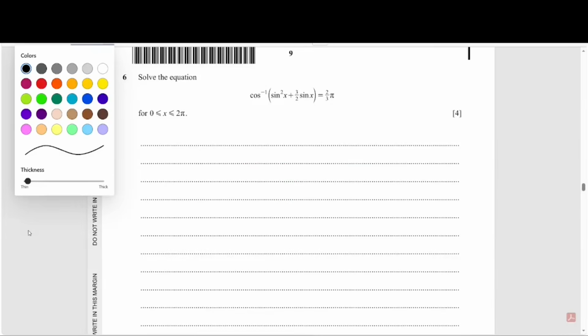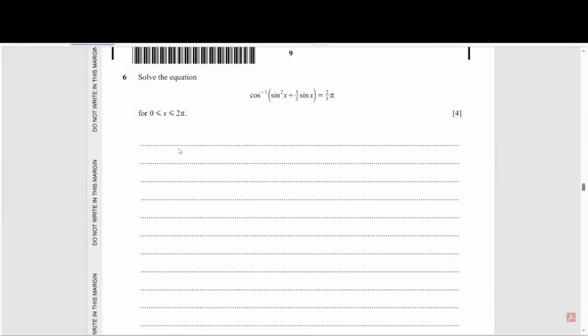Now question number 6. To solve the equation this. So since we find cos inverse of A, we start off by taking the cosine of both sides. So at the left hand side we have sine squared of x plus 3 over 2 sine x is equal to cosine of the test by.